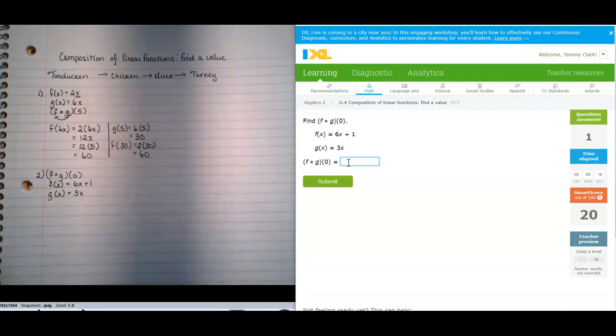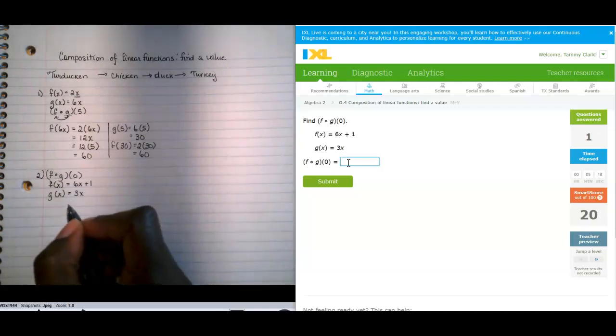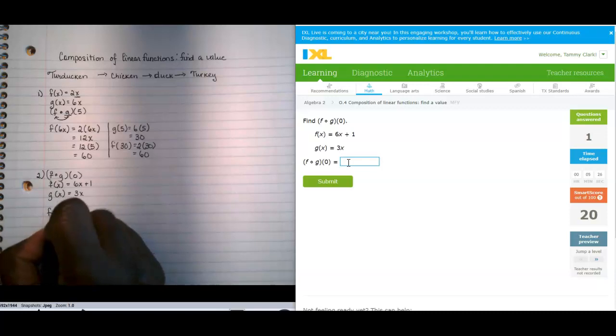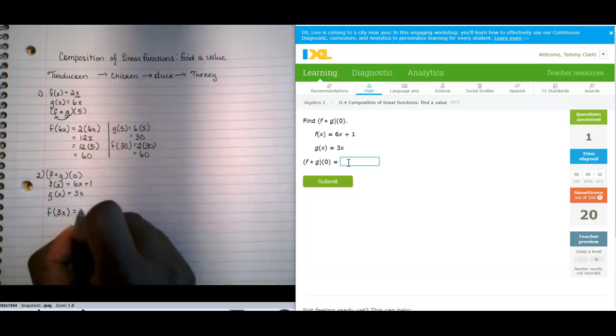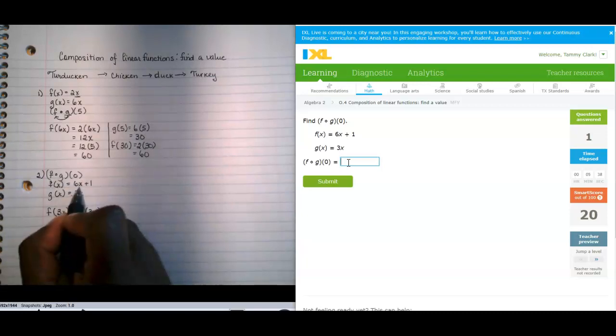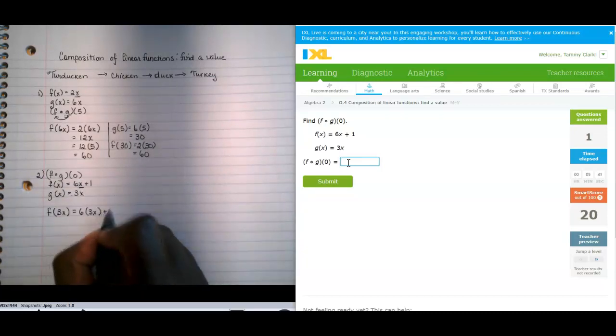So I would write f of 3x is equal to 6 times 3x, because I'm taking g and putting it inside of f, where I see the x, plus 1.